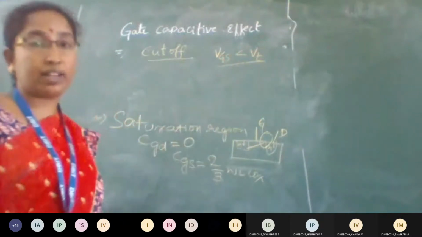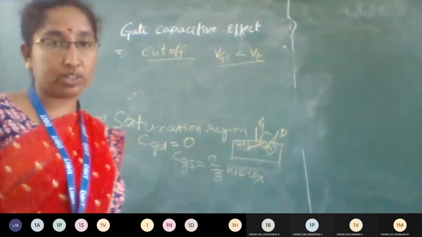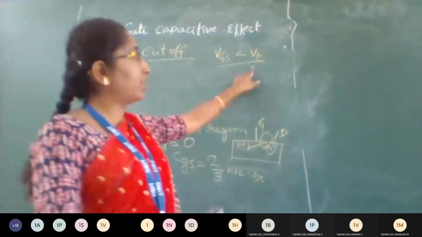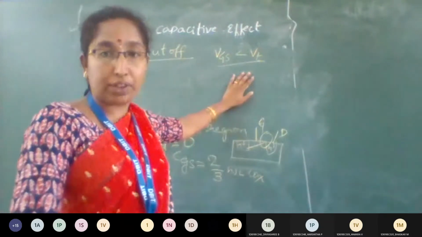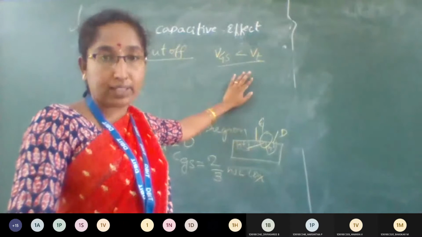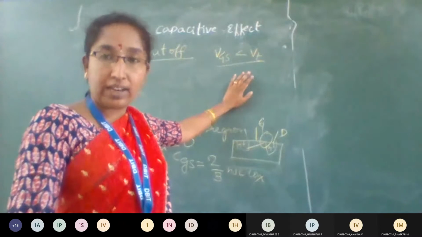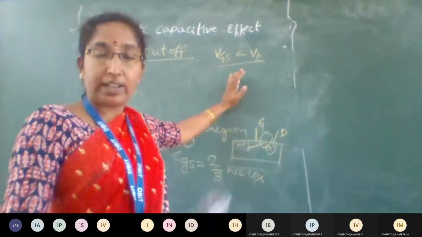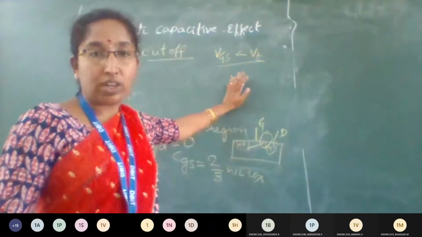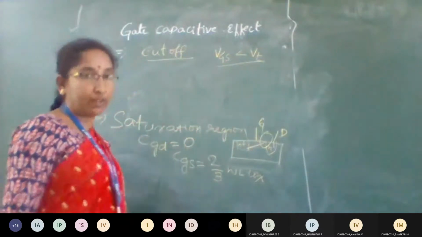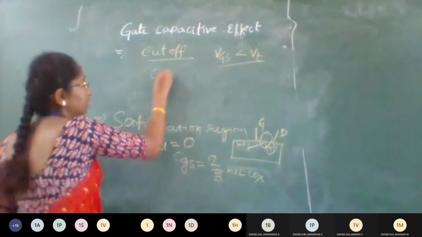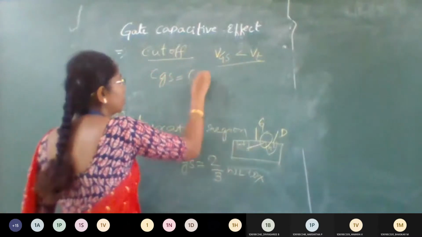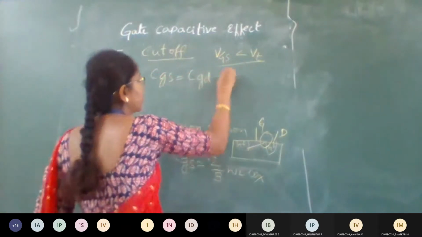It is not more than the threshold voltage. Threshold voltage is the voltage at which the minimum number of electrons is available for conduction. The channel does not form in the cutoff region, there is no conduction and no electron movement. So in cutoff, there is no channel formed and there is no capacitance. CGS is equal to CGD is equal to 0.